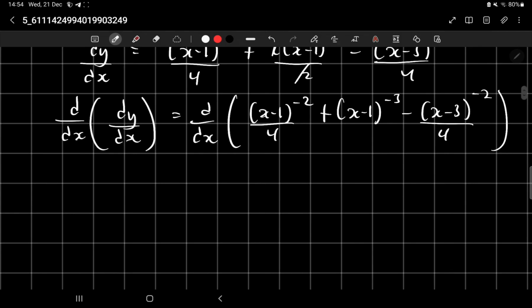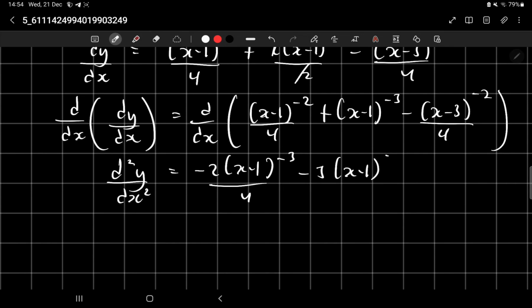Now, dy/dx, if we differentiate it again, we will get the second derivative, which is d2y over dx2. Now same goes to this part here, just differentiate as usual. So negative 2(x minus 1) to the power negative 3 over 4, negative 3(x minus 1) to the power negative 4, then plus 2(x minus 3) to the power of negative 3 divided by 4.